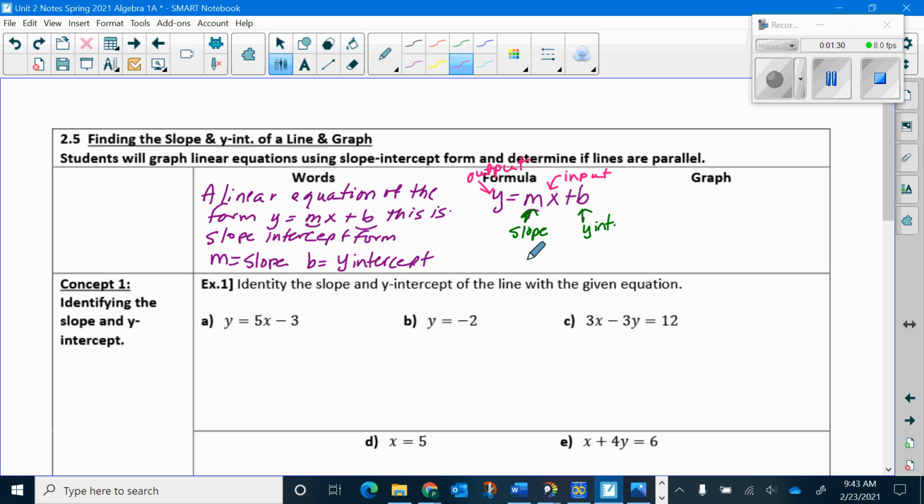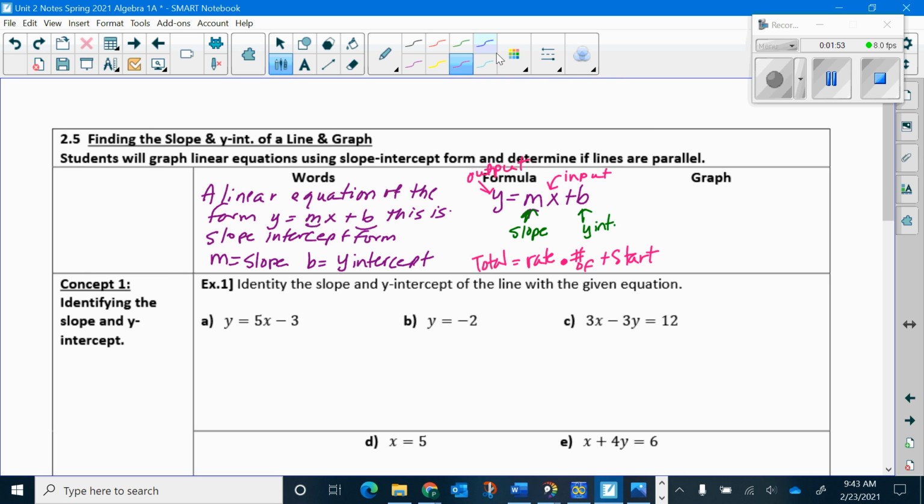Now, if I put this into words, for word problems, we're basically saying that y is like your total, equals your rate times the number of, plus the start. Because the y-intercept is your starting amount. Like when x is 0, it'll be the y value.